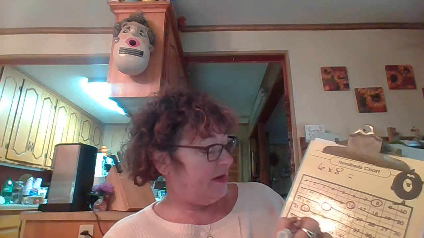Okay, and one more. 1, 2, 3, 4, 5, 6, 7, 8. Now I'm going to go back and double check and make sure I have 6 groups. 1, 2, 3, 4, 5, 6. So 6 groups of 8 equals 48. You got it.